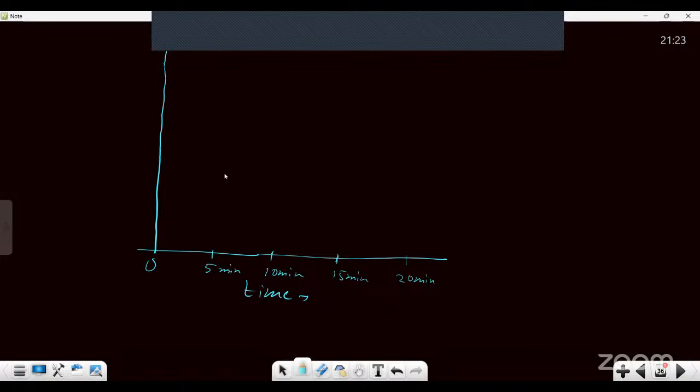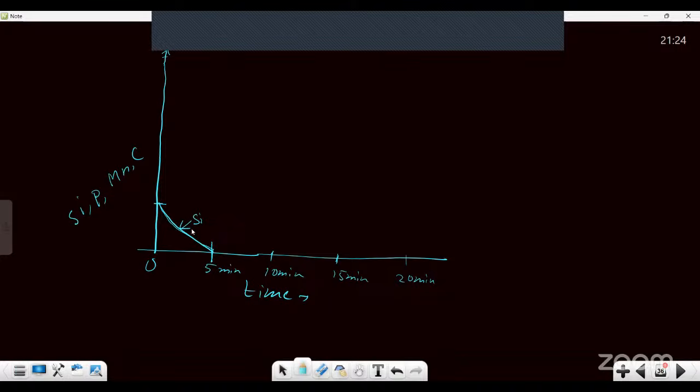And this is the concentration of various impurities: concentration of silicon, phosphorus, manganese, and carbon also. This is the silicon curve.